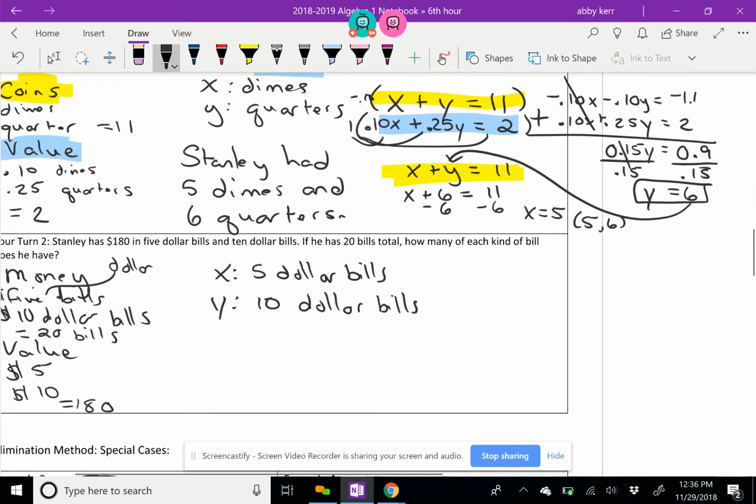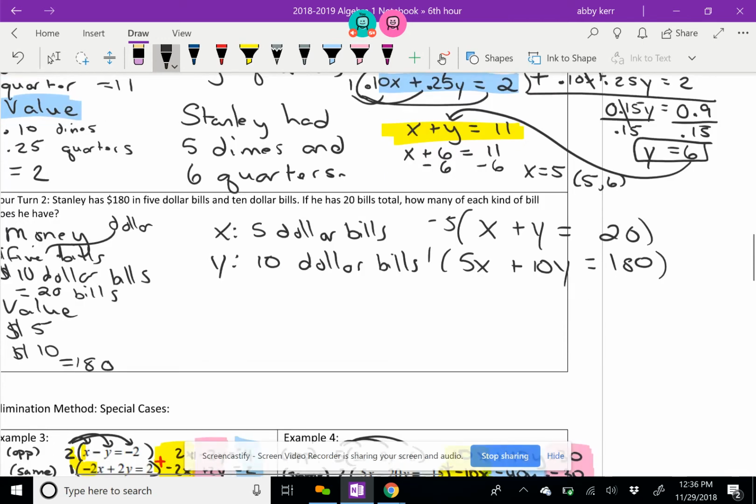So what you want to do is x plus y equals the 20 bills. And then we have 5x plus 10y equals $180. We're going to multiply the first equation by negative 5, second equation by 1. So then we have negative 5x minus 5y equals negative 100.